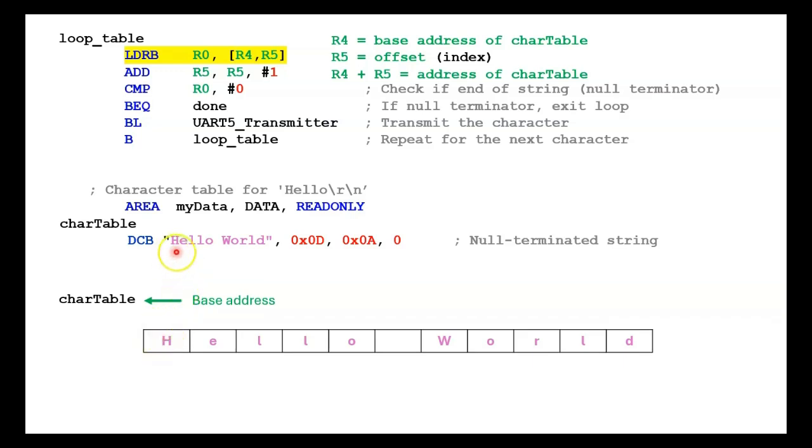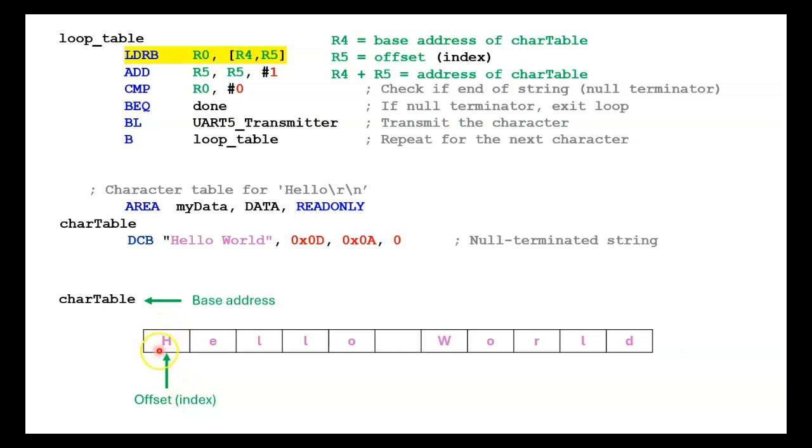Each character in the string, which is represented here, has an index, as in a single array, or in this case what I have called the offset. So the resulting address that is copied into R0 is the sum of the base address plus the index or offset.